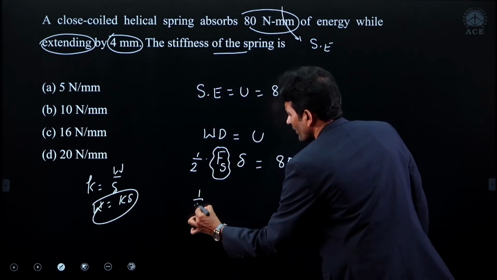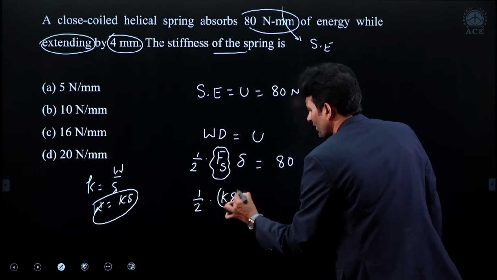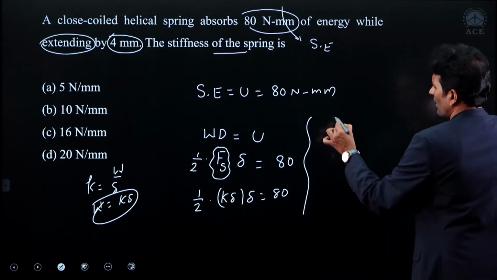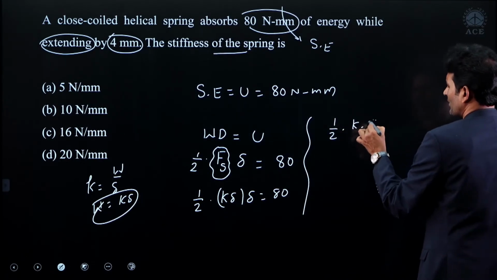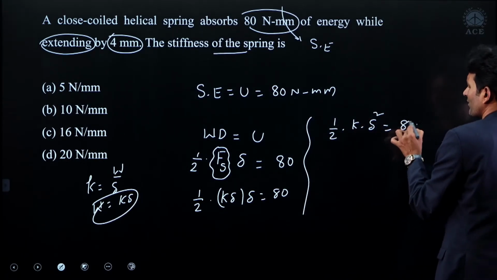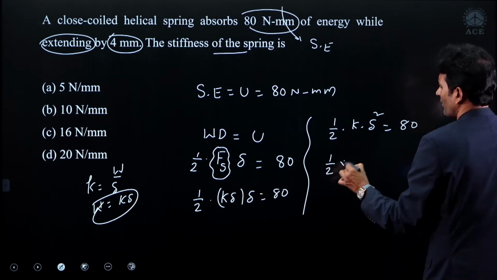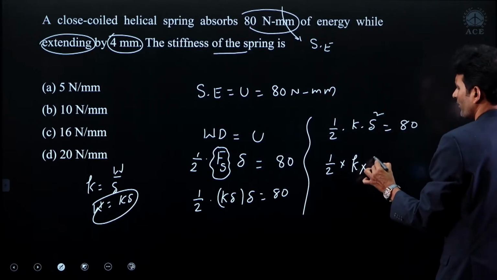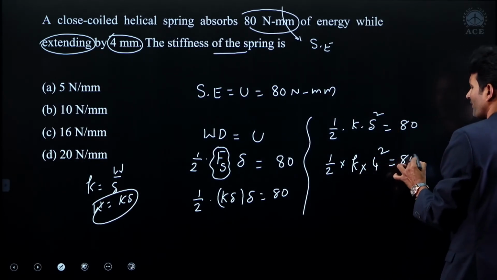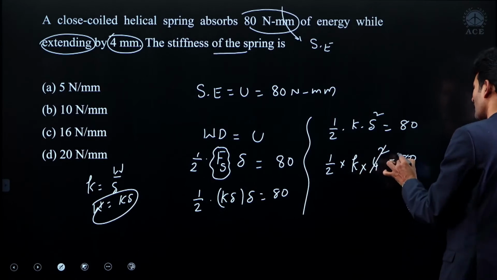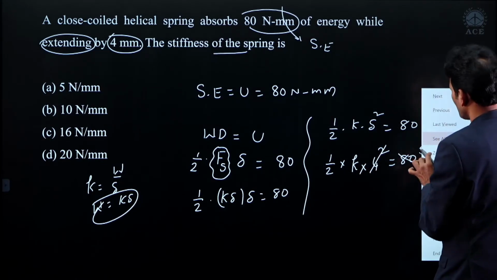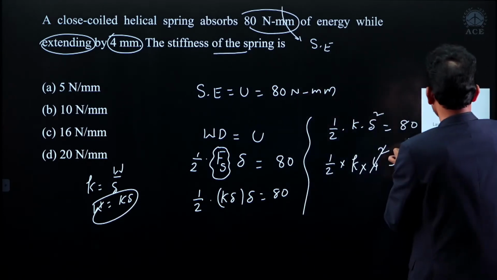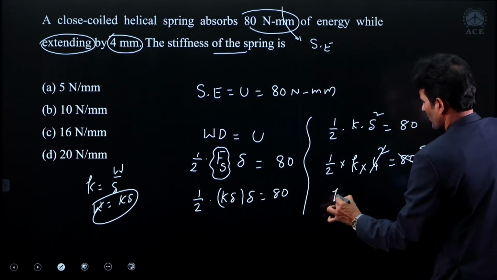Substitute that: half into K del into del equals 80. Simplify: half into K into del square equals 80. Del is given as 4 mm, so 4 square is 16. 16 5s are 80. So K equals 5 into 2.